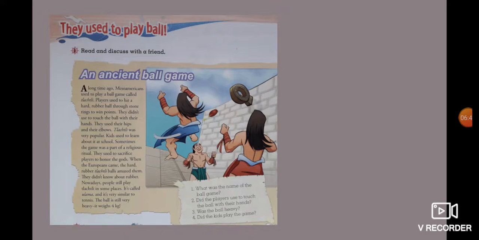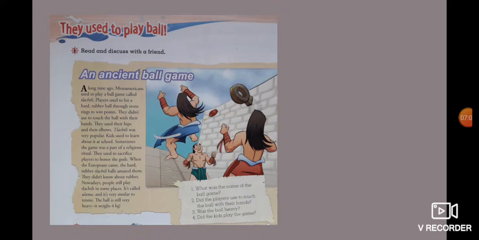They used their hips and their elbows. That play was very popular. Kids used to learn about it at school. Sometimes the game was a part of a religious ritual. They used to sacrifice players to honor the gods.